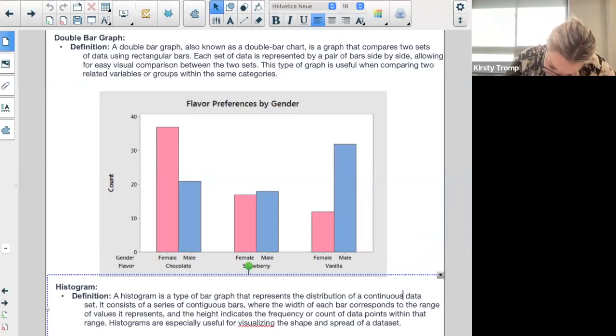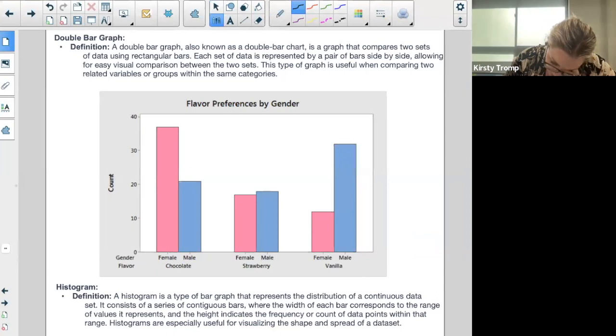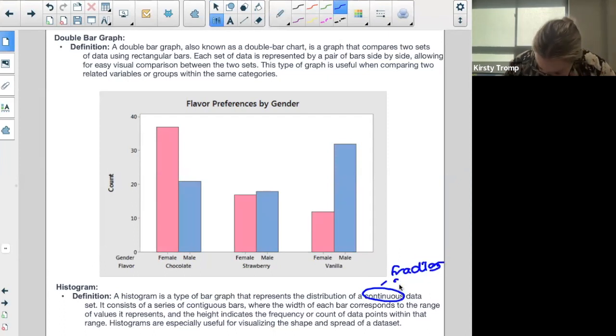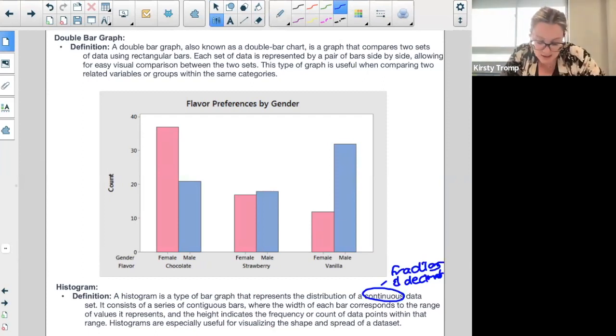For continuous data, so when we're looking at continuous data, this can be used with fractions and decimals. Okay. It consists of a series of continuous bars where the width of each bar corresponds to the range of values it represents, and the height indicates the frequency or count of data points within that range.